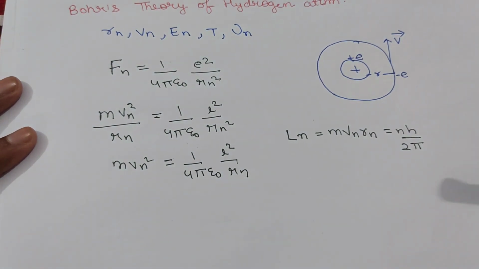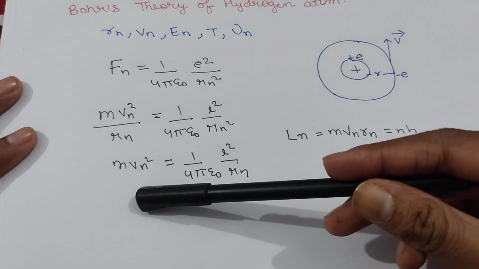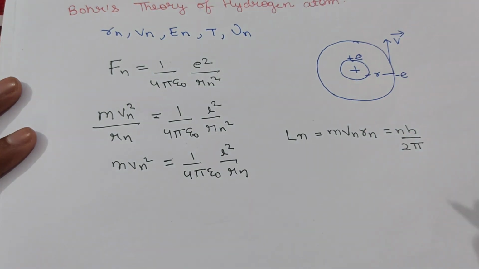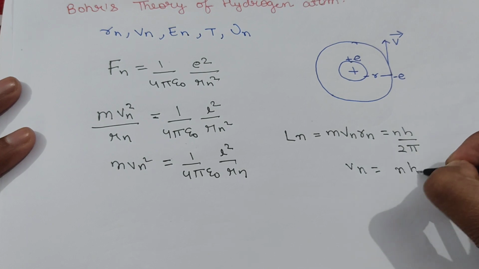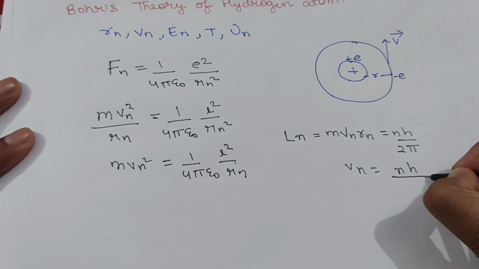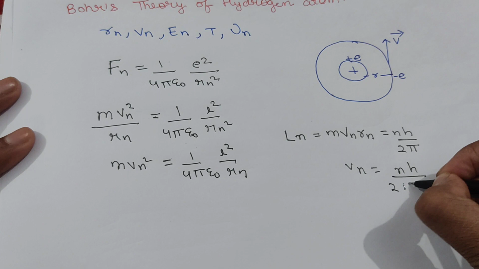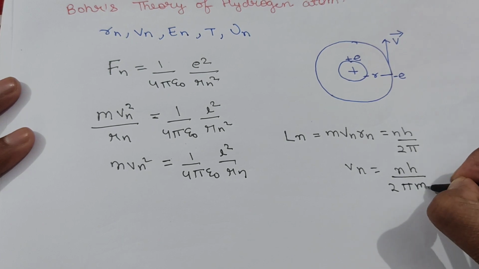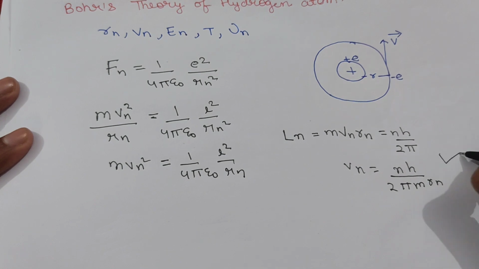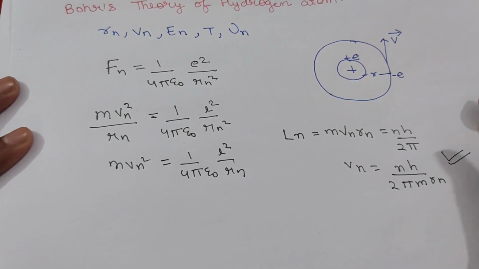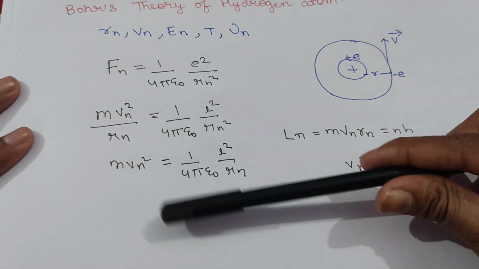And we have ln and vn square. What we'll do is find the vn from here. Vn is equal to nh by 2 pi m rn. So this is our vn, but we need to first find the rn.